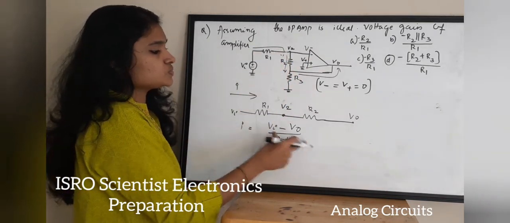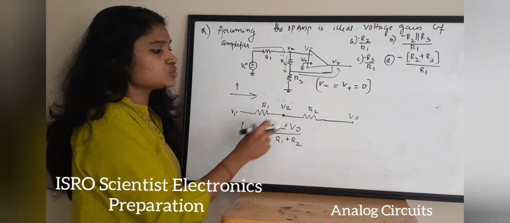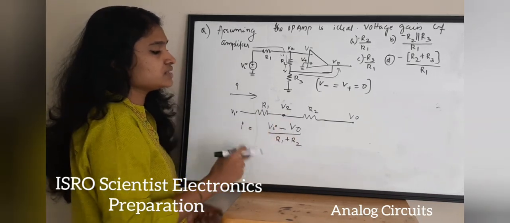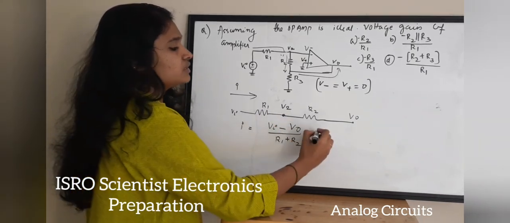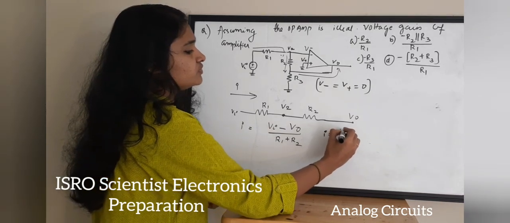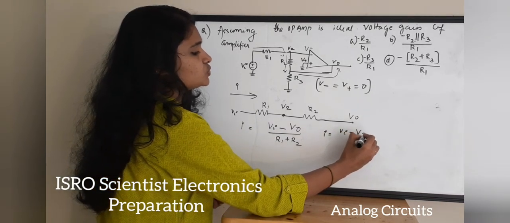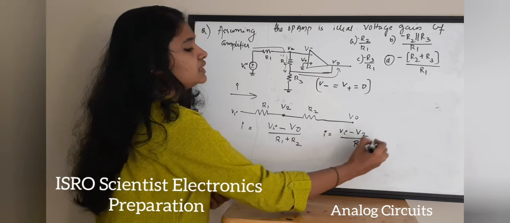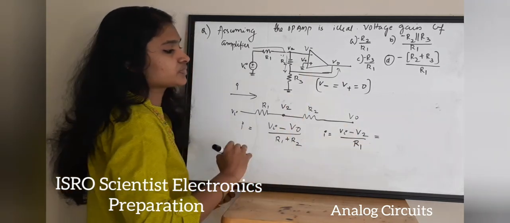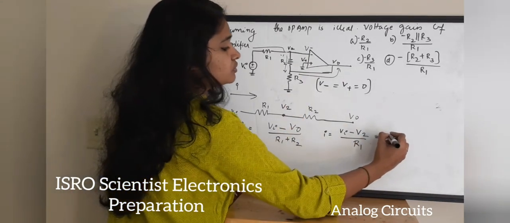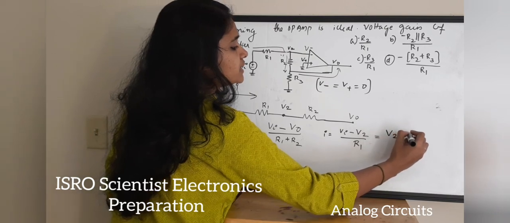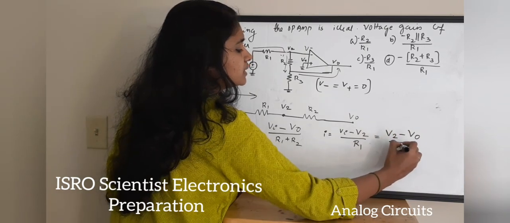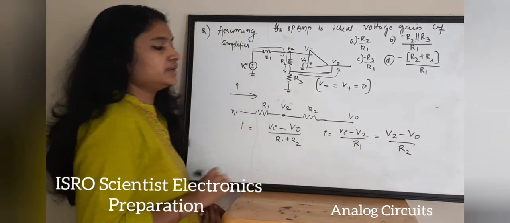Now, if we split this equation in terms of this V2, how can you write it? We can write it as, that is, I is equal to Vi minus V2 by R1 is equal to V2 minus V out by R2, right?